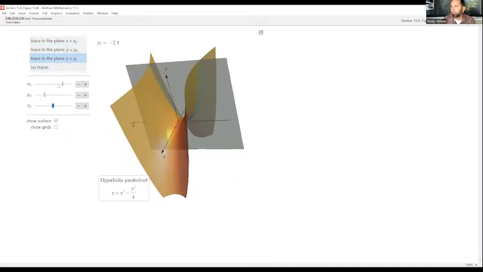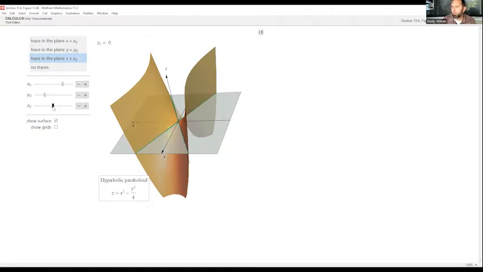And if we cut this parallel to the xy plane, notice that we have hyperbolas, except right where z equals 0. And right at that point, it looks like there's a little x showing up for our trace. So again, the horizontal traces are hyperbolas, the vertical traces are parabolas, and this whole shape is the hyperbolic paraboloid and gives us a nice saddle picture.